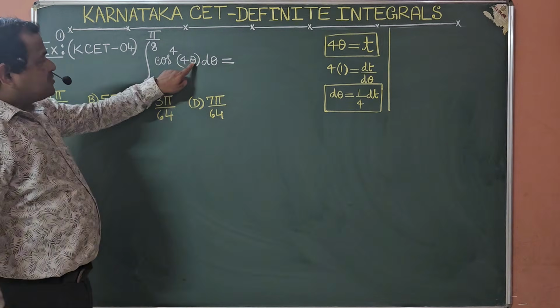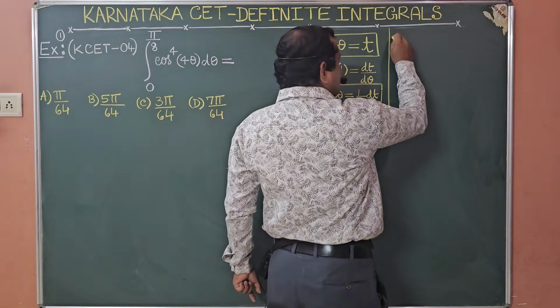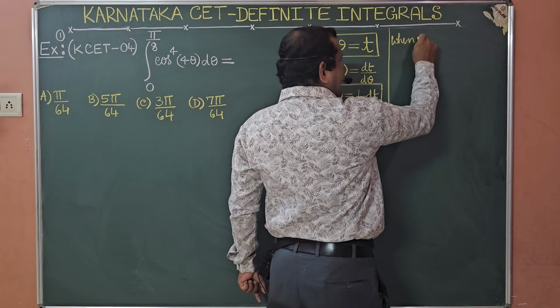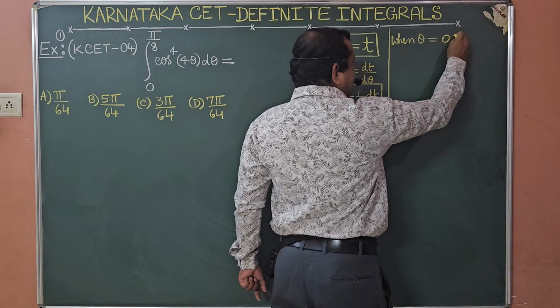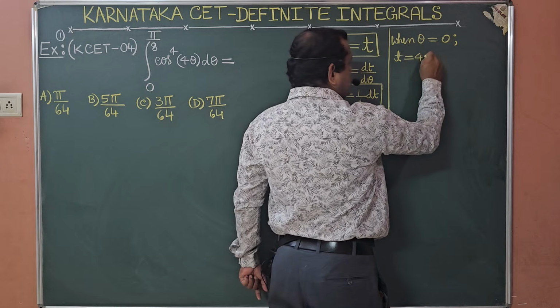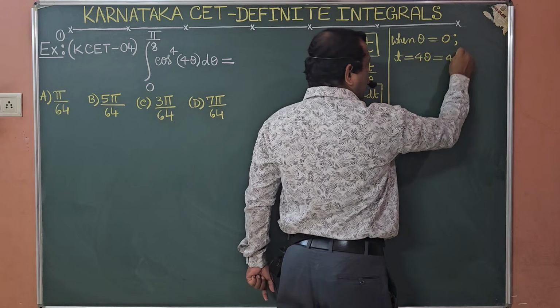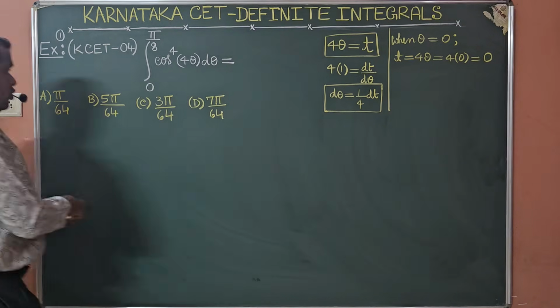So when theta is earlier lower limit 0, our t, let us see what is t. T is 4 into theta. So 4 into 0 is 0 itself. Therefore, new lower limit.